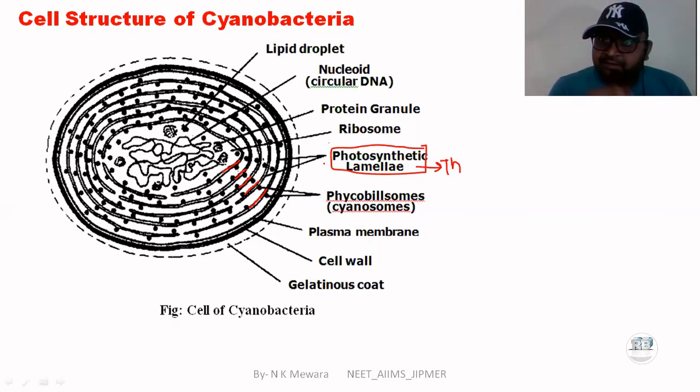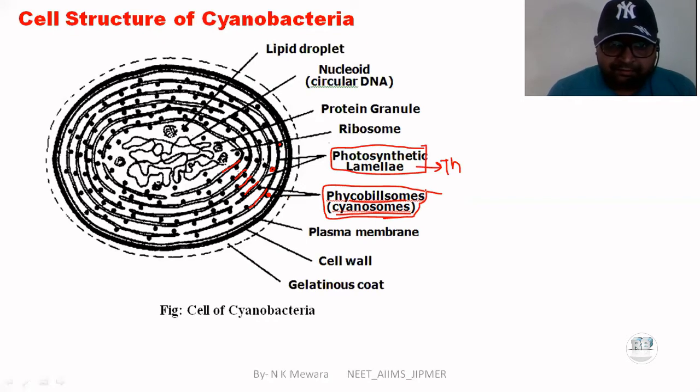On the upper surface of the photosynthetic lamellae there is a granule-like structure known as the phycobilisome or the cyanosomes. Those are the two major components of this cell.